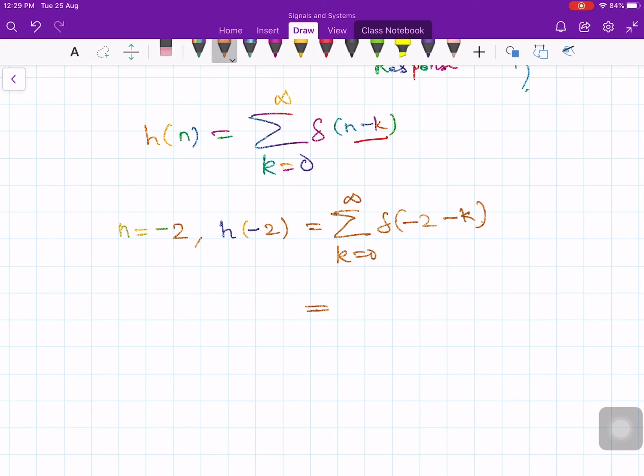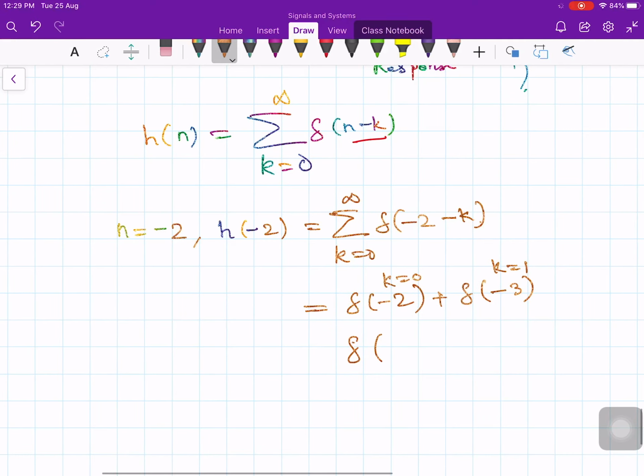Now k equals 0, then del of minus 2, plus k equals 1, then it is minus 3, plus k equals 2, then minus 4, plus and so on, it keeps going, it increases in the negative direction. Therefore this leads to 0, and this leads to 0, and this also leads to 0. Finally your answer is 0. h of minus 2 is equal to 0.